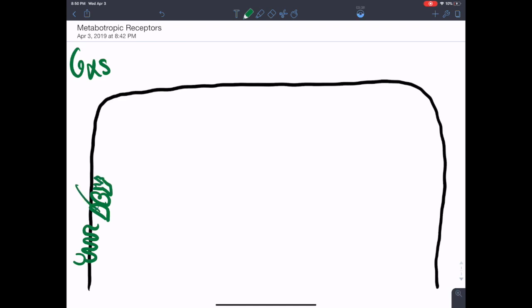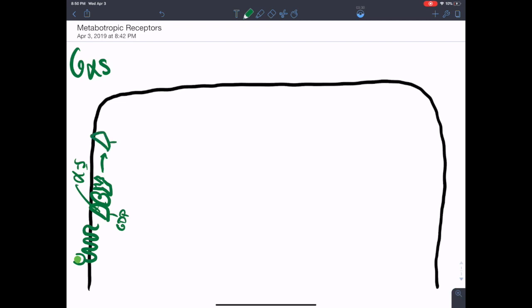The identity of this alpha subunit is going to be alpha S, so stimulatory. And before any ligand binds, it's going to be conjugated to a GDP, which is just the diphosphate form of a GTP, right? So once a ligand binds to this G protein coupled receptor, this GDP is going to be swapped out for a GTP, which is going to activate the alpha subunit.